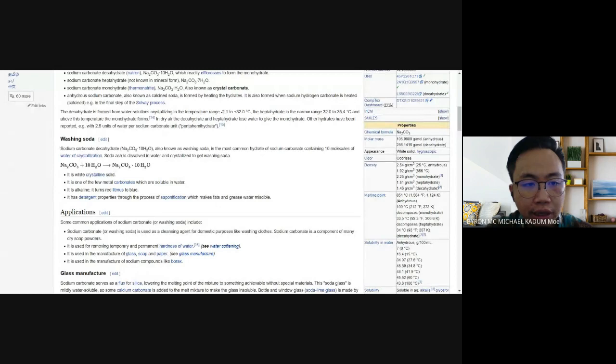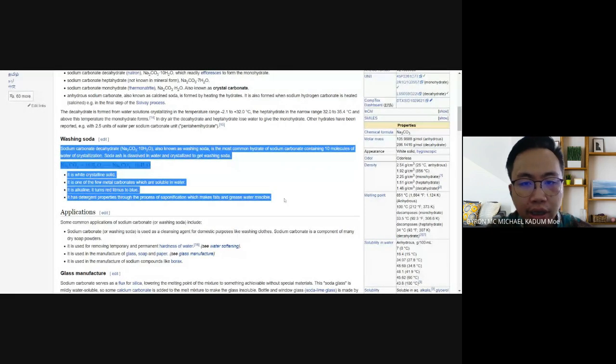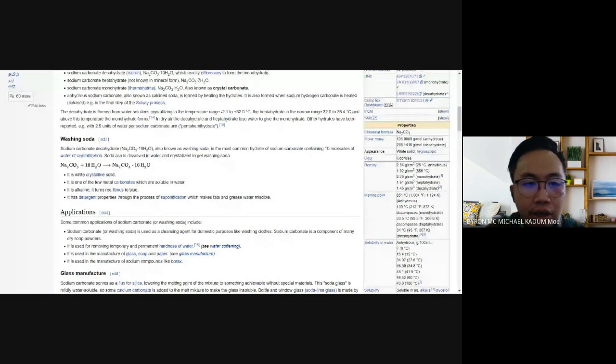If you read here, this is the one that we are looking at now dalam soalan tu. Sodium carbonate decahydrate ataupun hydrated lah, Na2CO3 dot 10H2O, also known as washing soda, is the most common hydrate of sodium carbonate containing 10 molecules of water of crystallization. Note that you have the word crystallization.